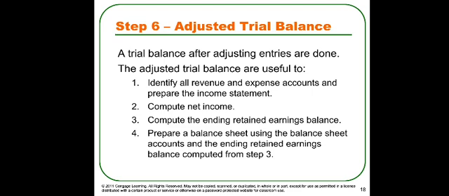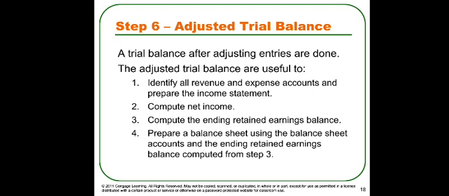So the next step after the adjusting entries is step number 6 in the accounting cycle, which is preparing an adjusted trial balance. An adjusted trial balance is a trial balance after adjusting entries have been done. Remember, in step 4, you prepared a trial balance.